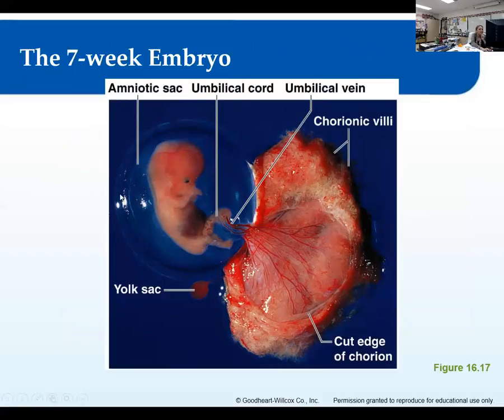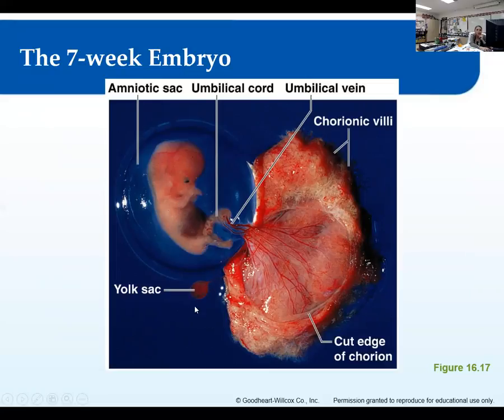So here's a picture of a 7-week embryo, which means 5 weeks after fertilization. Already the basis of the brain and spinal cord is formed. The cardiovascular system's already working. You could hear a heartbeat at this point.